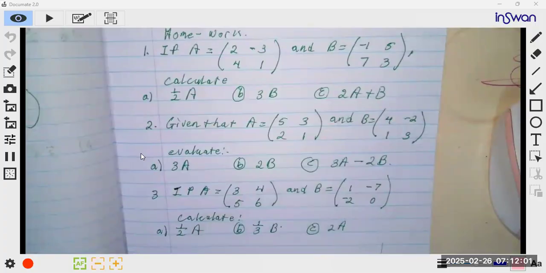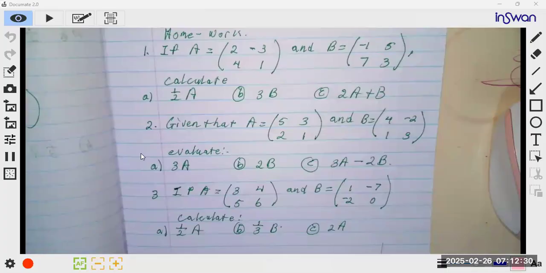Now the thing is, I want to go on to matrix multiplication. There's another one, matrix multiplication. But I want to leave that for us to do by itself. So once you all fully understand scalar multiplication, matrix multiplication is different.